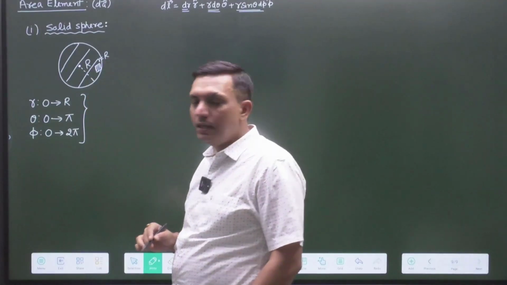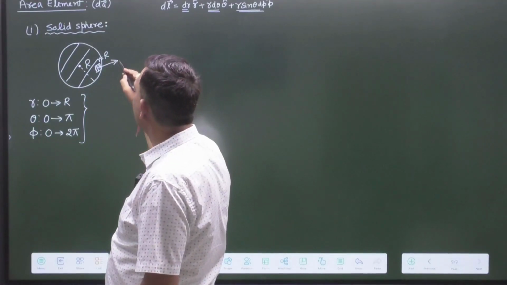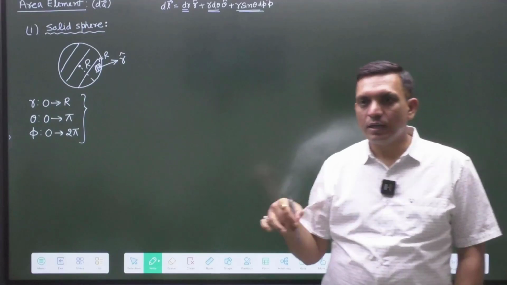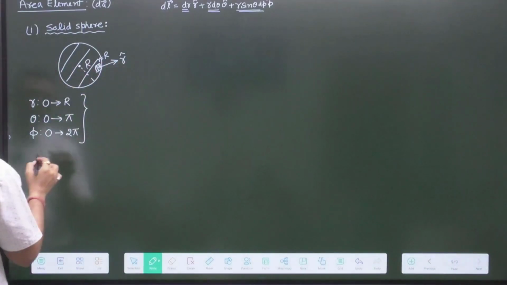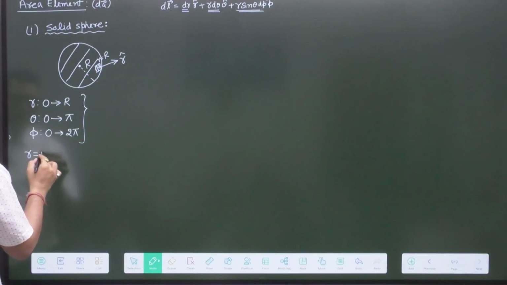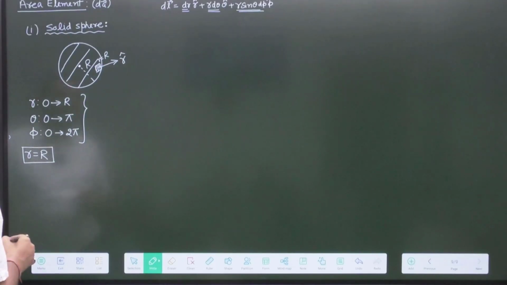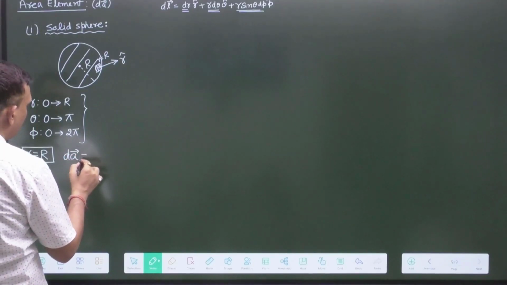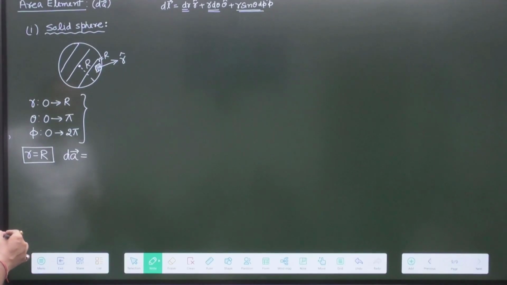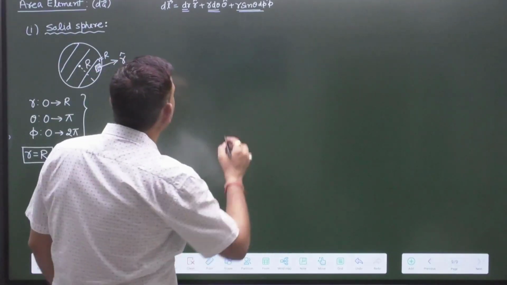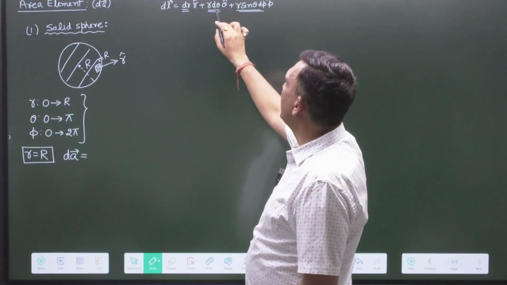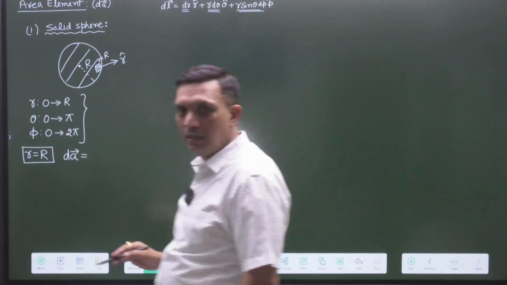And what will be the direction? Away from the surface, and in spherical symmetry this direction is r cap. So you are on the surface of a sphere. So what will be dA at r equal to capital R? When r is fixed, the variables are theta and phi, so you have to multiply these two sides in the area element.